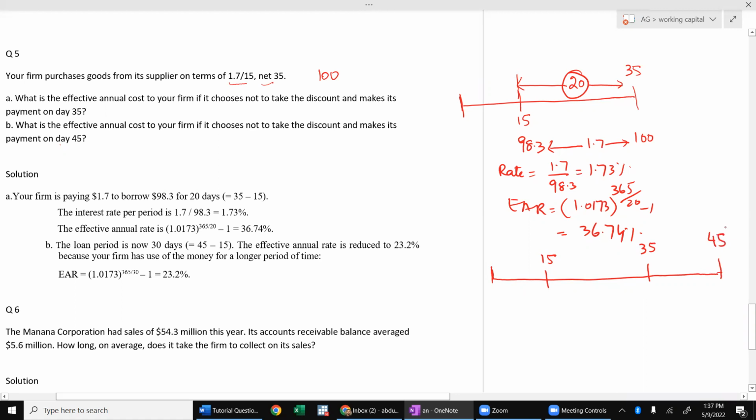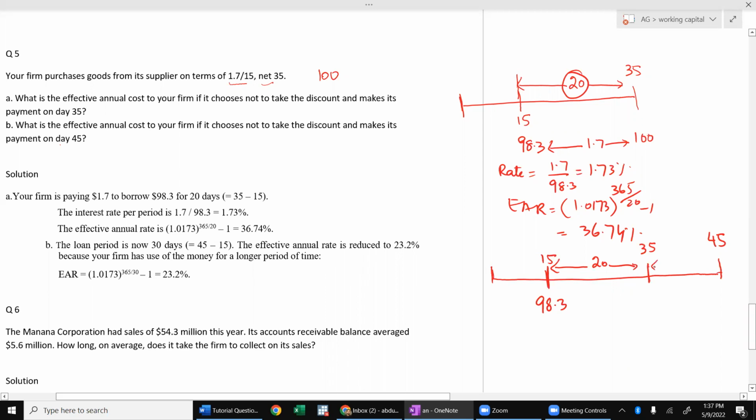So if you pay on the 15th day, you will pay 98.3. But now instead of paying on the 35th day, that was a total period of 20 days, you're stretching it for 10 extra days. So it means it is 30 now.